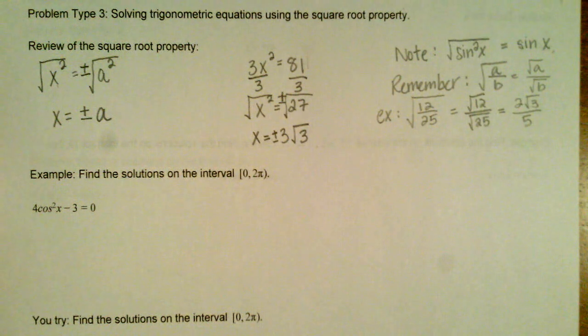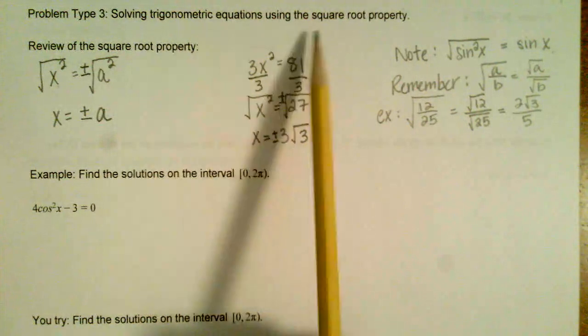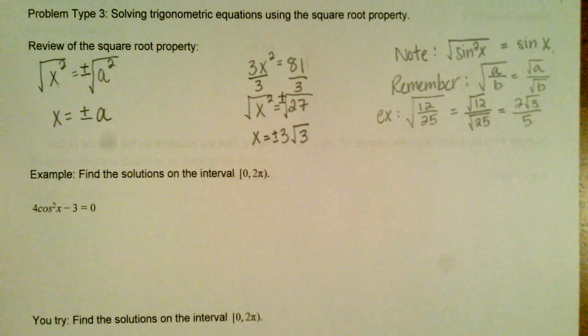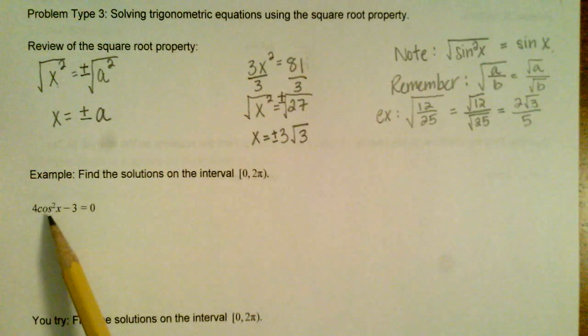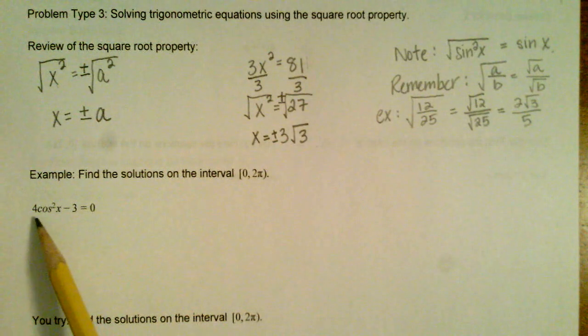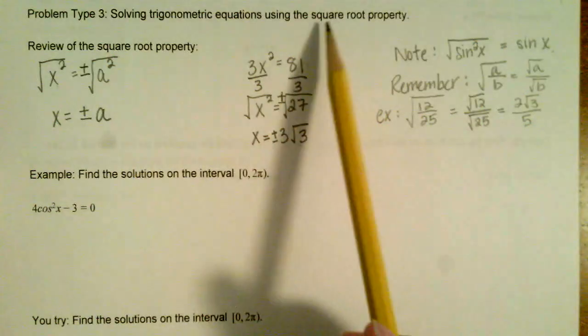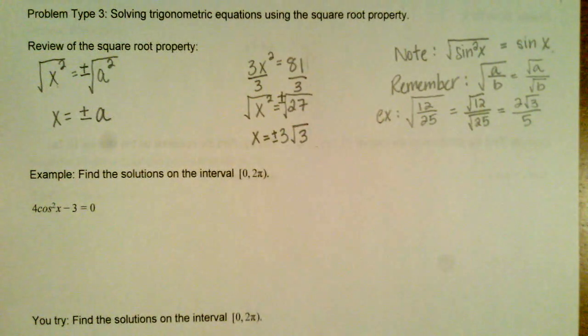The trigger for me, the way that I know that I am going to use the square root property, is that I have a trig function squared. I do not have a linear trig function as well. Here the only trig function that I have is squared. That's going to be a sign to me that I'm going to use the square root property.